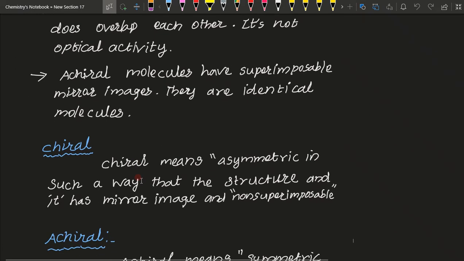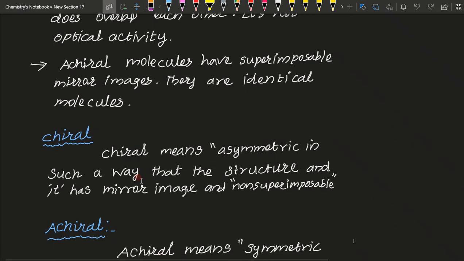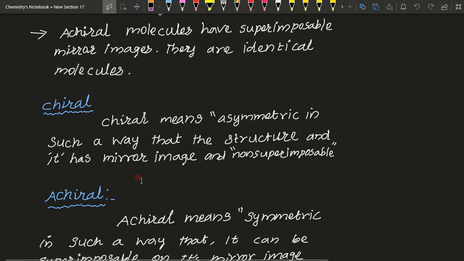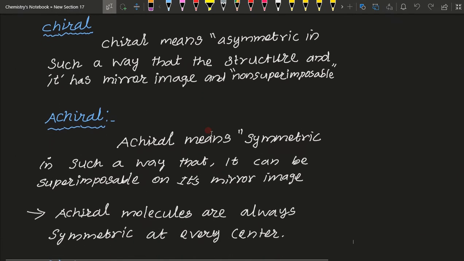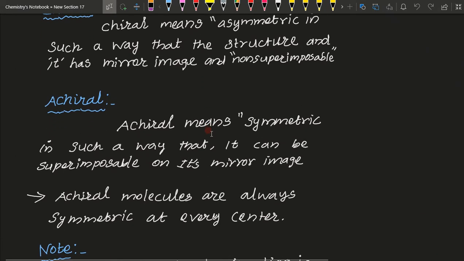So chiral means asymmetric. Asymmetric means it does not overlap its mirror image, the structure has a mirror image and is non-superimposable. It is called non-superimposable. Achiral means symmetric, in such a way that it can be superimposed on its mirror image.